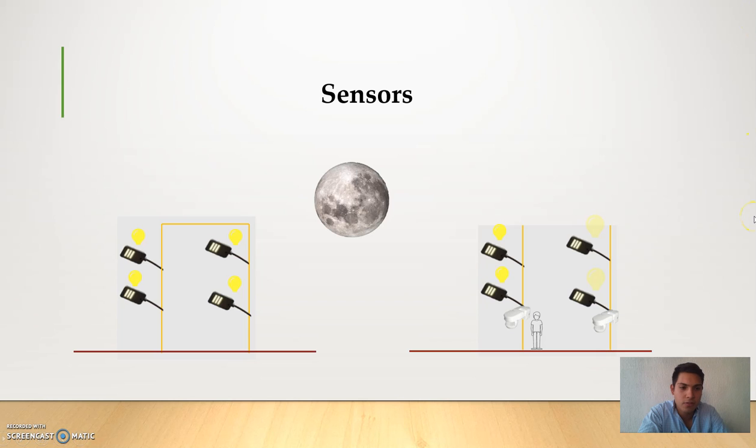Implementing sensors means that if the sensor detects someone, the streetlight will raise its power to 100%, and if the sensor doesn't detect anyone near, the streetlight will be reduced. It will keep at 50%, or however the programmer decides.